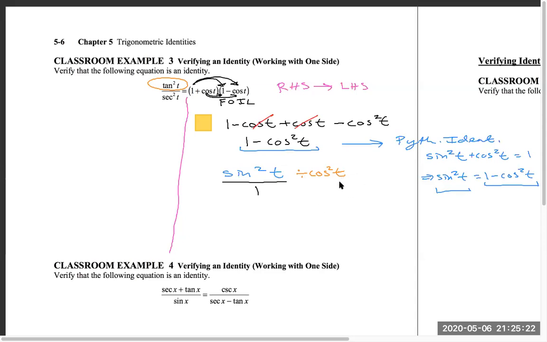Well, whatever I divide on the top, I would need to also divide on the bottom, so I don't change my expression. And then I see, oh, sine squared t over cosine squared t, that's going to be tangent squared t. And then on the bottom, 1 divided by cosine squared t is secant squared t.